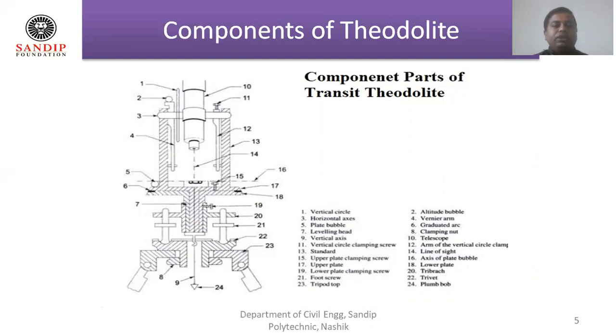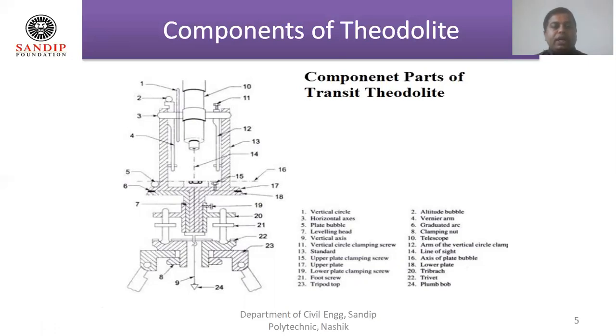Third is horizontal axis. If you are able to see, this is the horizontal axis about which telescope can be rotated. Fourth is vernier arm. So these are the vernier arms. Fifth is plate level. You can see here is also one level provided that is called a plate level, which is very near to the horizontal circle.